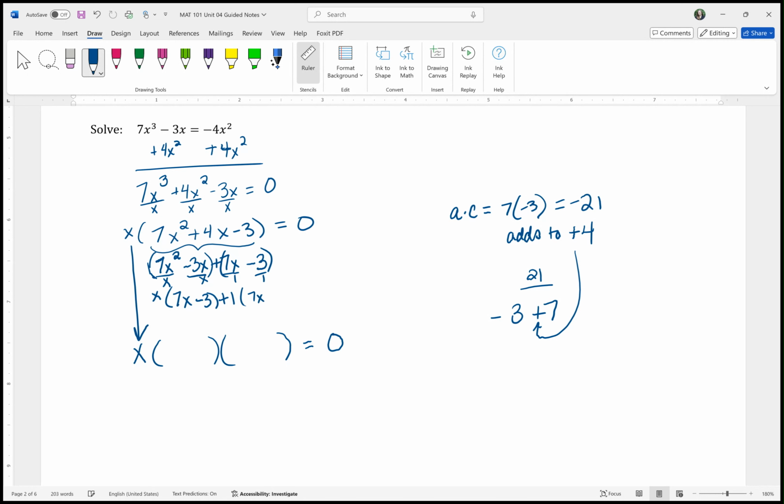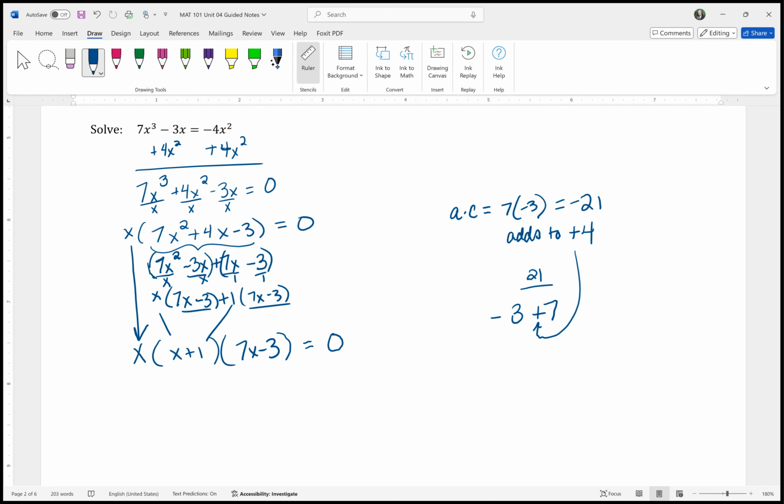This is 7x minus 3. Okay. Now we're able to write this as our 2 factors. So this is going to be x plus 1 and then our common factor here of 7x minus 3. And now we have fully factored form here. So if I said factor, this is going to be my answer.